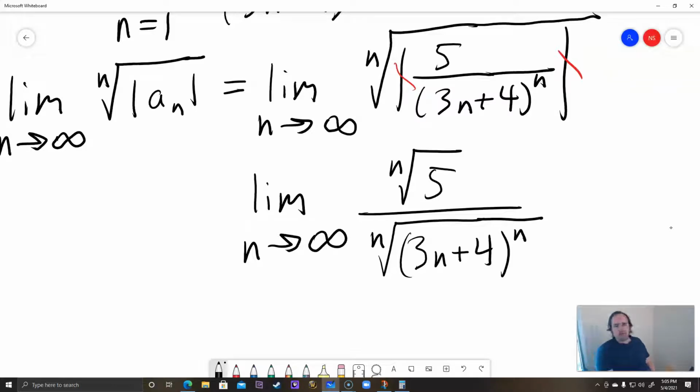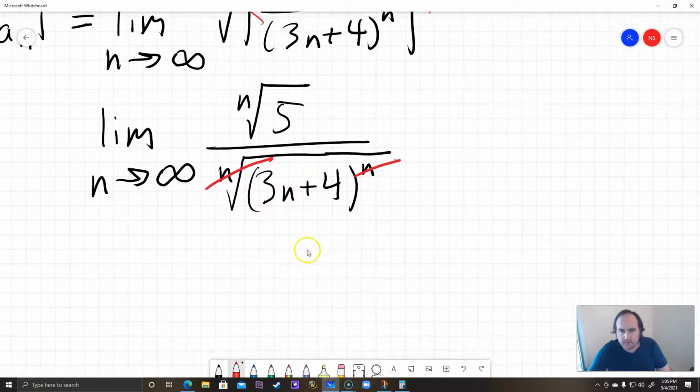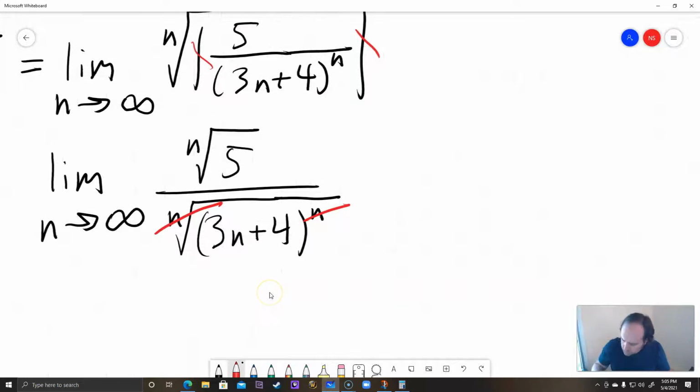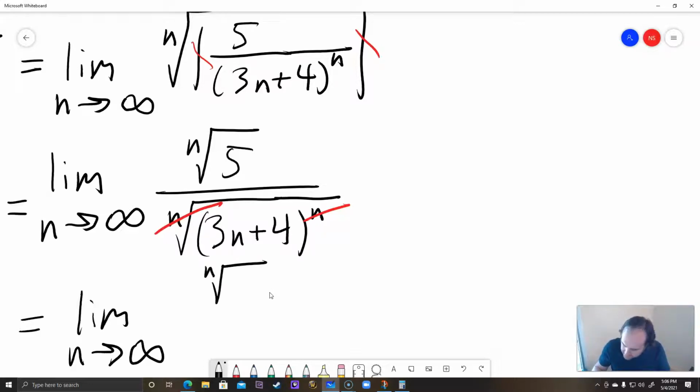On the bottom, the nth root and the nth power just cancel out, so we just get 3n plus 4 in the denominator. So really we just have the limit as n goes to infinity of nth root of 5 over 3n plus 4.